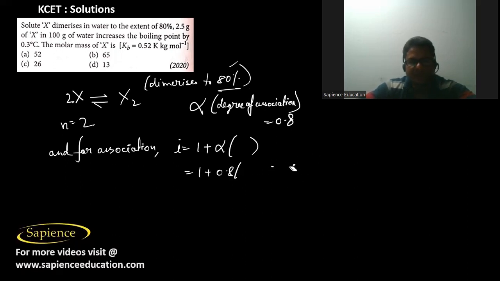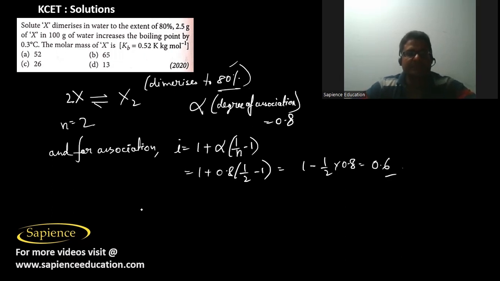For association, we have 1 plus alpha into 1 by n minus 1. So it will be 1 plus 0.8 into half minus 1. So that will be 1 minus half into 0.8, so 1 minus 0.4, that is 0.6. So the Van 't Hoff factor i is 0.6, and the Kb for water is 0.52 Kelvin kg per mole.